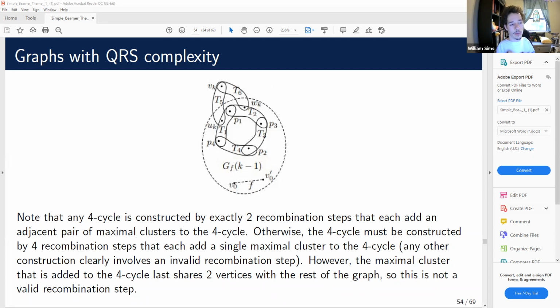Okay, well, we can add T1, T2, and T3 in this fashion, but then notice that when we add T4, T1, T2, and T3 were already in our graph. And so that means that T4 shares 2 vertices with our previous graph. But that's not a valid recombination step, because in a recombination step, the 2 clusters that are added must share exactly 1 vertex with the rest of the graph, and then 1 vertex with each other. Okay, so that's not allowed. So since that's a contradiction, we must add clusters 2 at a time to this 4 cycle.